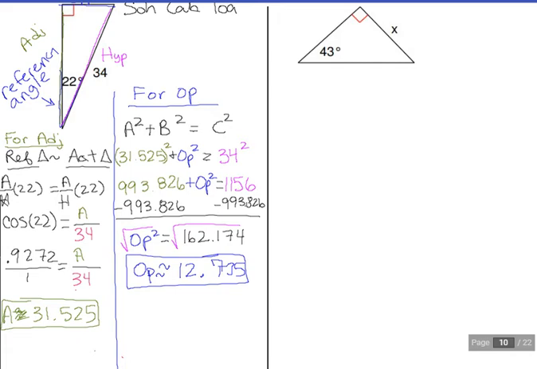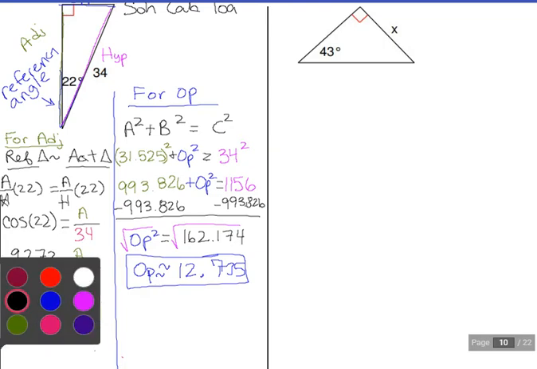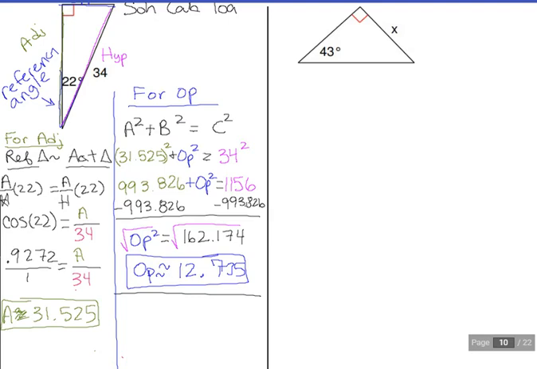One last thing to do, if my board can handle it: we need to find the perimeter. Let's stick it in right here. Okay, so let's add these three pieces together. 34 from what I was given, 31.525, and then 12.735.